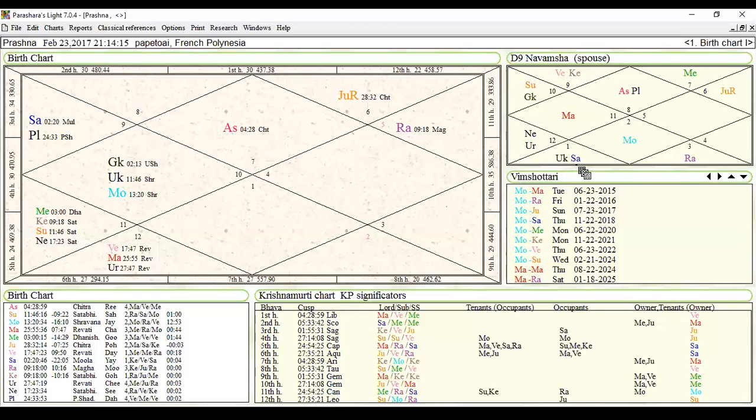So can you predict relationship problems? There, absolutely. Look, Saturn is not well placed in either the main chart or the subchart. He happens to be at around 2-3 degrees Mula. This is, by the way, yesterday's Prashna. This is the galactic center.